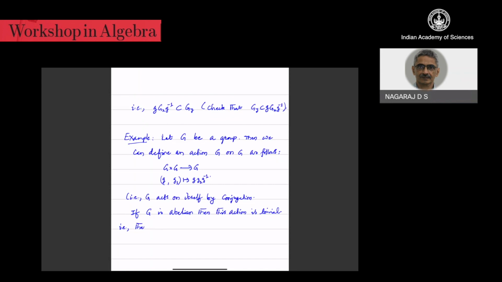So if G is abelian, I want to say that the conjugation action of G on itself is trivial. So what is the meaning of a trivial action?